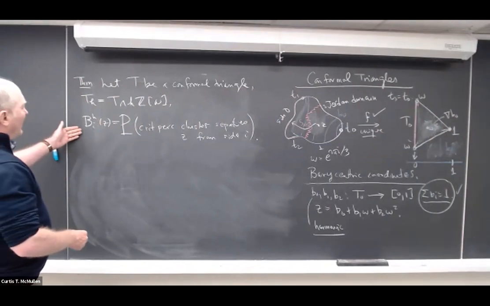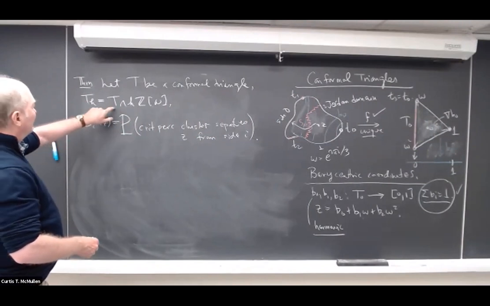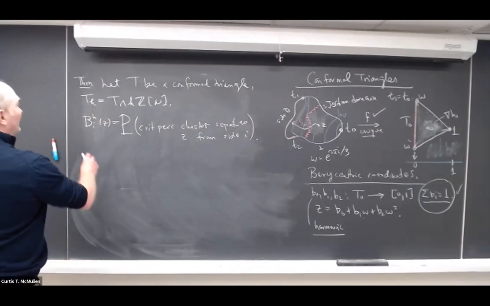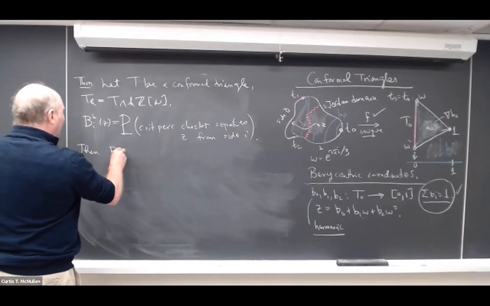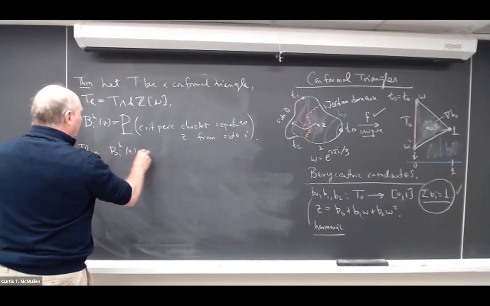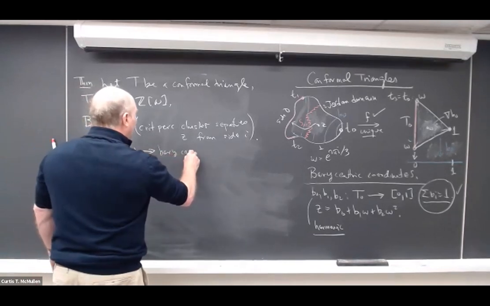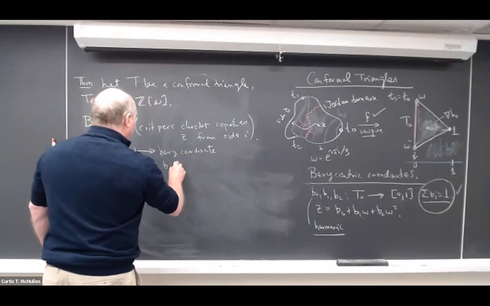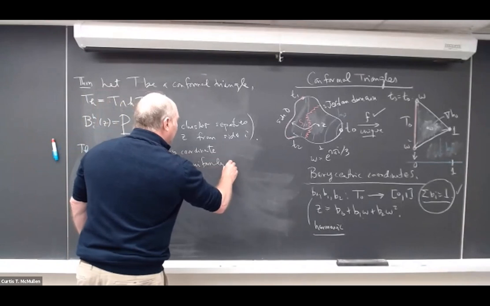So this can be defined, but it requires that I discretize T so that I can do percolation on it. And then the theorem is that B_i^h of z tends to the barycentric coordinate B_i of z uniformly on T.